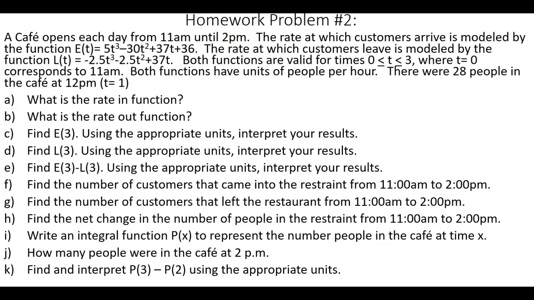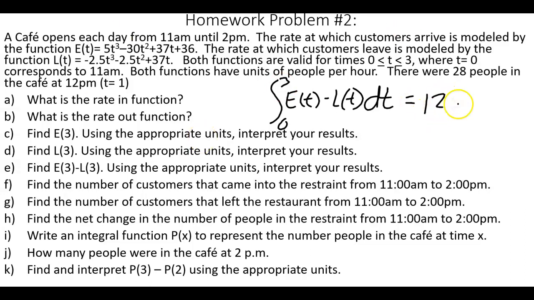Okay, let's go ahead and continue here and take a look at H. H is saying find the net change in the number of people in the restaurant from 11 a.m. to 2 p.m. Well, net change can be found by taking the integral of the number of people who have entered and subtracting from the number of people who have left on that same time interval. Now you could punch that into your calculator and get your answer, and I get about 12.375 people.